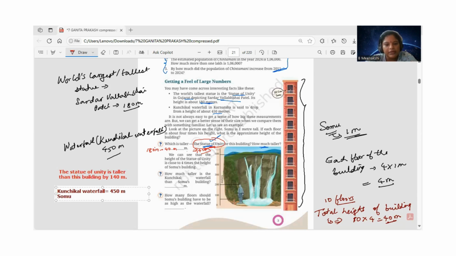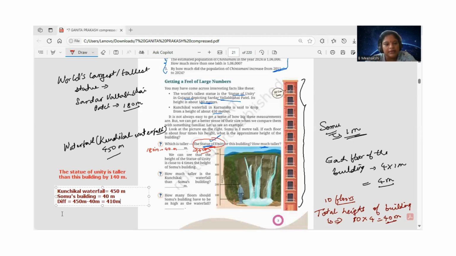Somu's building is 40 meters. So the difference will be 450 meters minus 40 meters. So it is 410 meters.